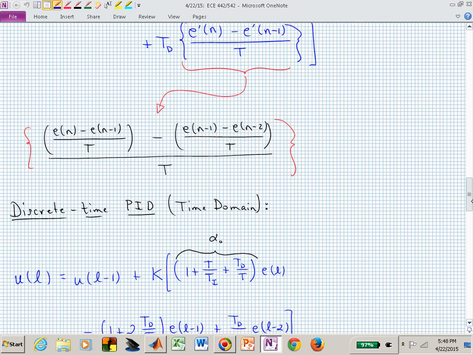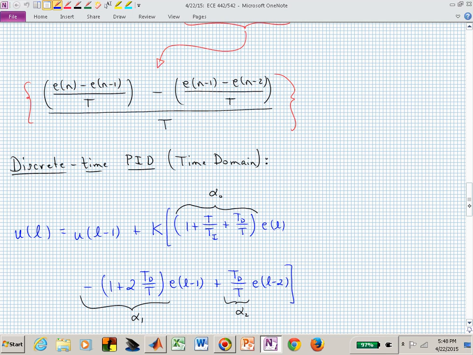For whatever reason, I decided to change my indices from n's to l's. But it's the same thing. Here is that 2 that was associated with the derivative piece, and I just had a K scaling another factor of e at time l minus 1, or one time step before, and I just had one term associated with the error signal two time steps in the past.